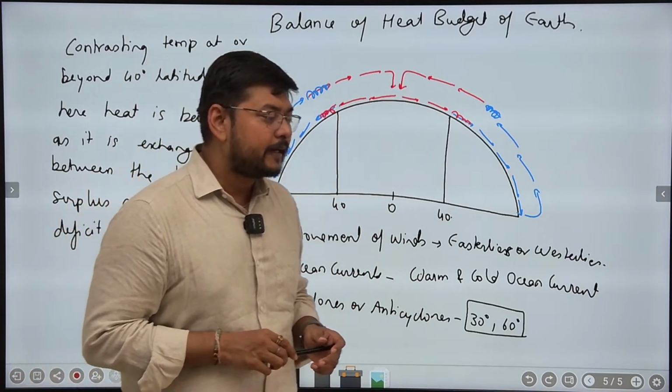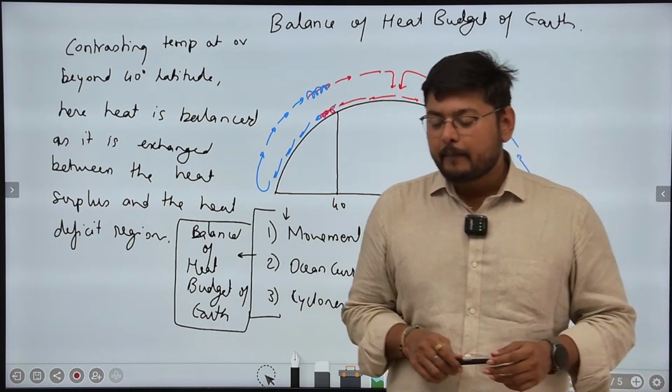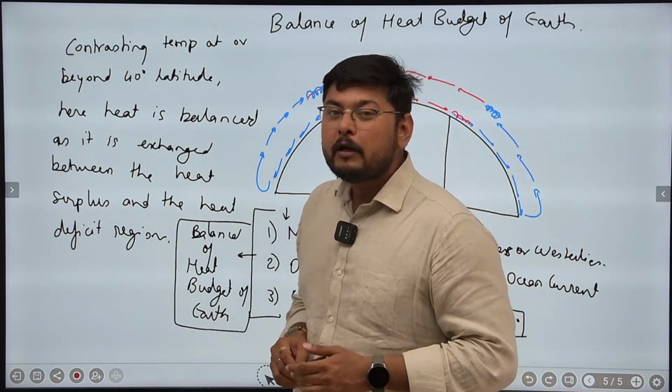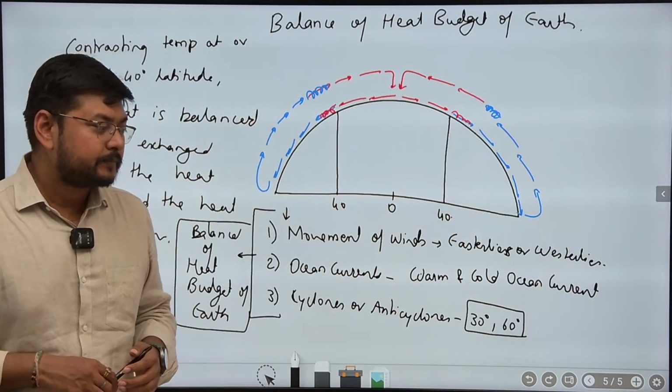So these are certain halides, etc., causing global warming of Earth.